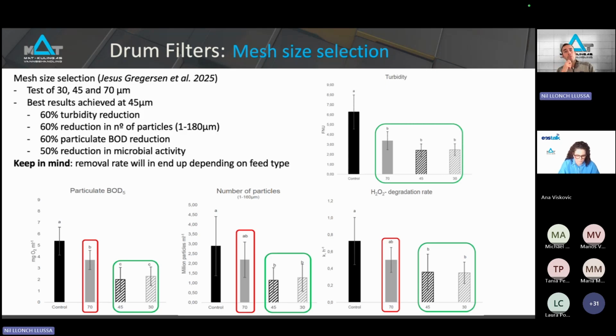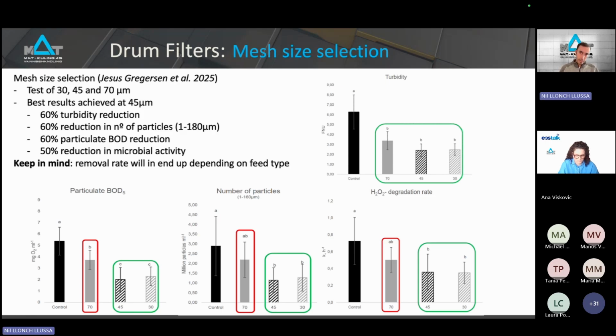He tested how these different mesh sizes affect the water quality, and which mesh size is considered the best to select for treating your water.